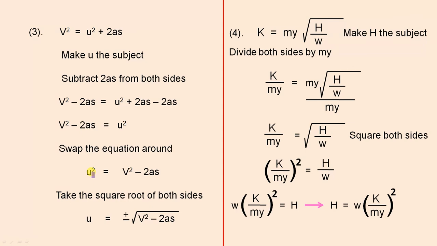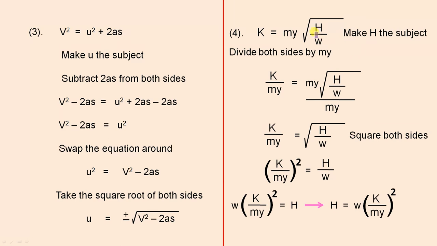Now, because that's U squared, we have to make it U. Remember, to have a subject, you have to have the letter by itself, and the power has to be a 1. So we take the square root of both sides. So if U squared equals that, then U must be plus or minus the square root of those terms there. So that's the answer. U equals plus or minus the square root of V squared minus 2AS.